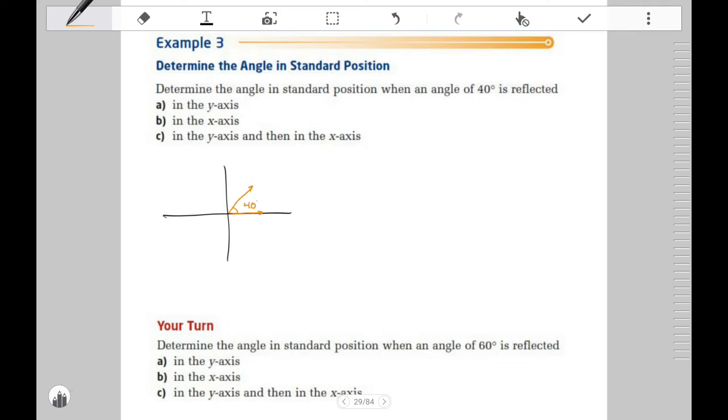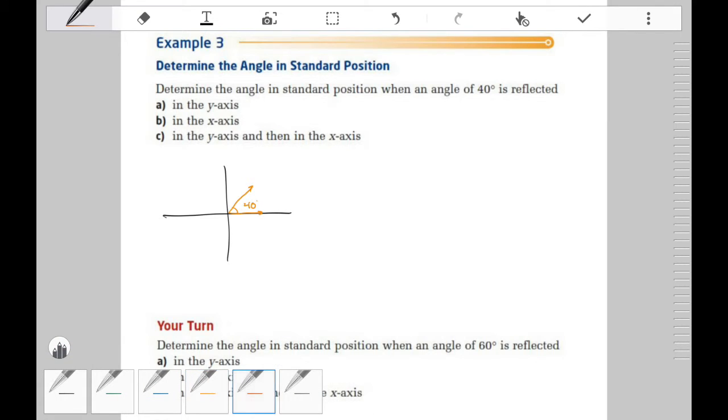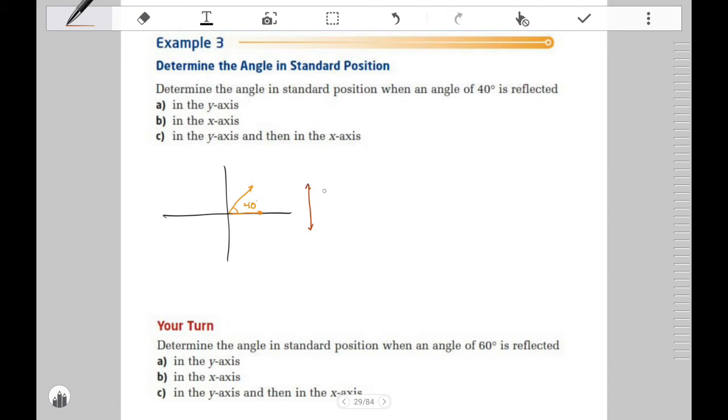For A, it's reflected in the y-axis. In other words, in the y-axis. It doesn't say over the y-axis. It says in the y-axis, meaning in the y direction. So it's flipped vertically.